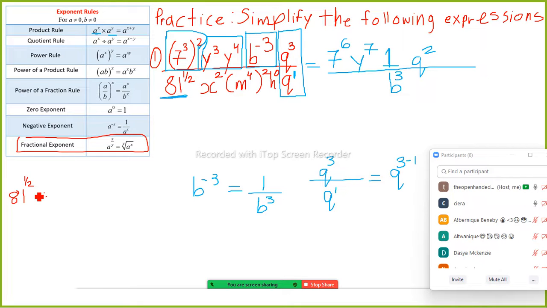I know that could be 81 raised to the power of... hold on, so I'm trying to figure it out now.